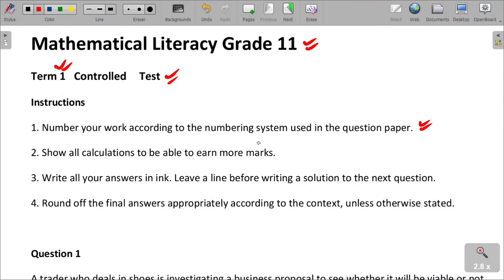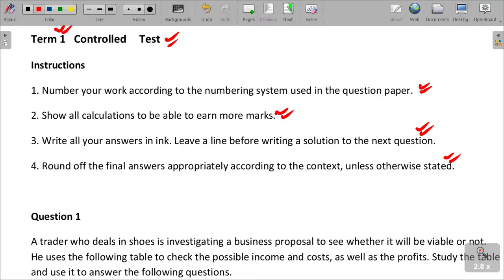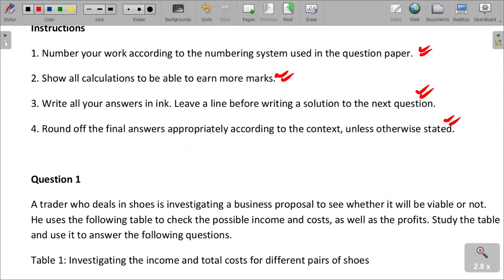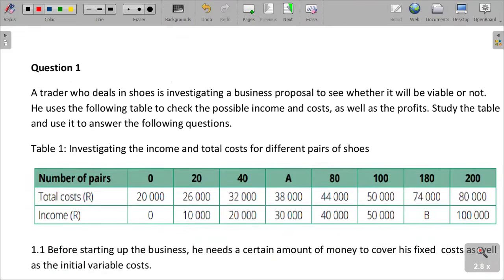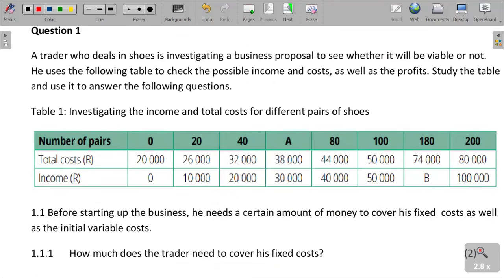Show all your calculations to be able to earn all the marks. Write all your answers in ink. Leave a line before writing the solution to the next question. Round off the final answers appropriately according to the context unless otherwise stated. So these are the instructions that we are going to be working with, and it's always known that an exam has instructions. So we are given question 1.